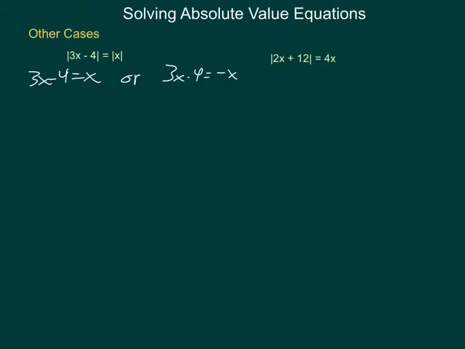Solving the left-hand equation, I'm going to subtract 3x from both sides. That way I've gathered all my variables to one side. Tells me negative 4 equals a negative 2x. Then divide by negative 2. Tells me that 2 equals x.